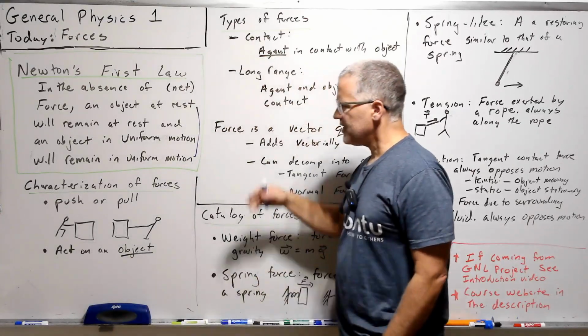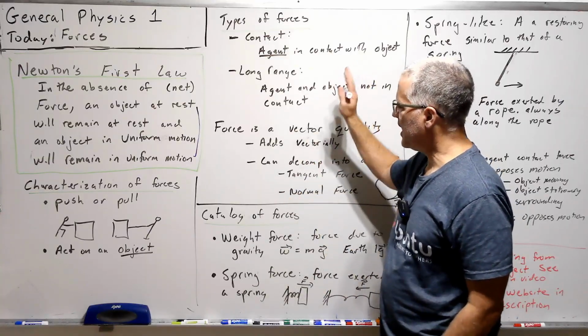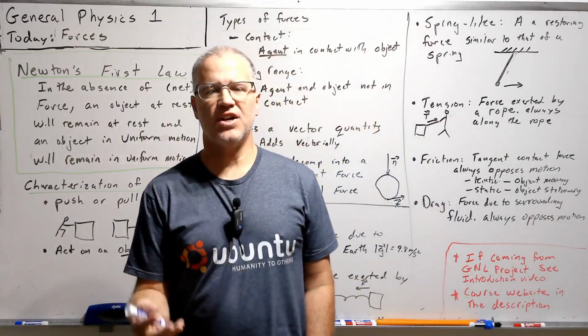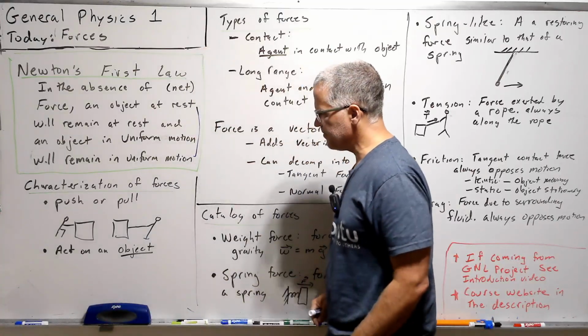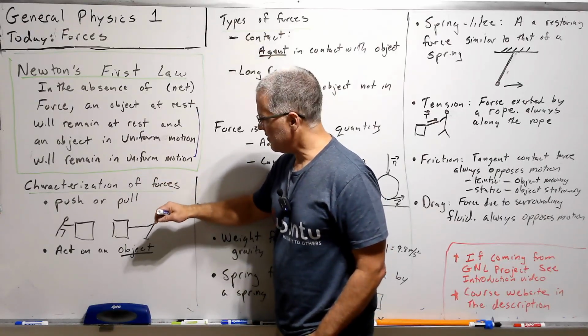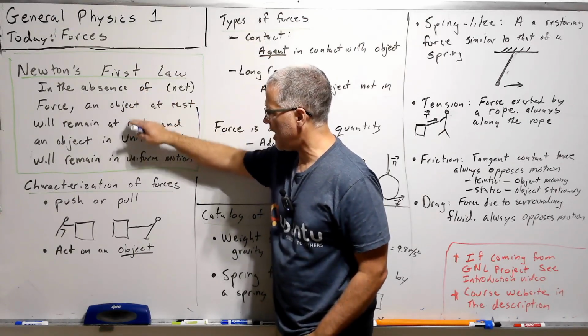Let's look at the characterization of forces, the types of forces, and then a catalog of forces that we have experience with in our day-to-day lives, and ones we'll run into. This will bring in a couple of new definitions. We already have force, and we have object.